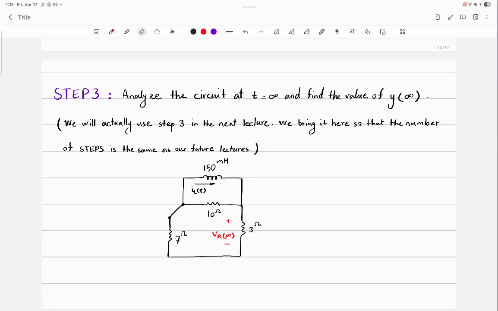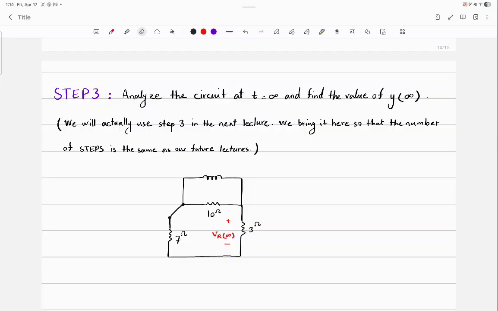What happens to the inductor and why? It's a current source, but at t infinity the current source is no longer doing it. What can I do with the inductor? Just get rid of it. Short it or open it?